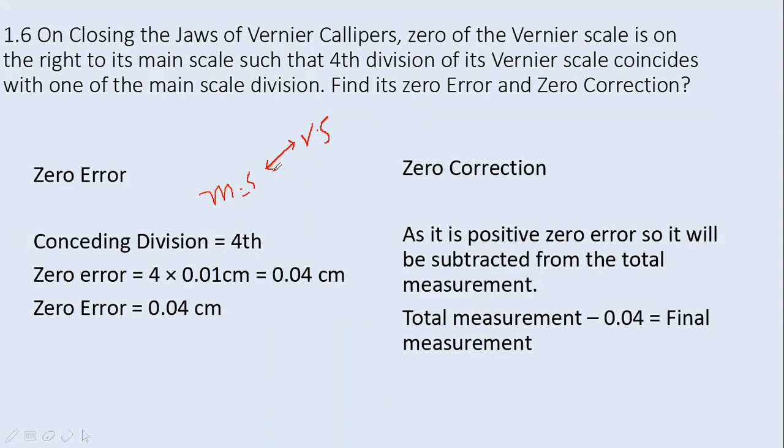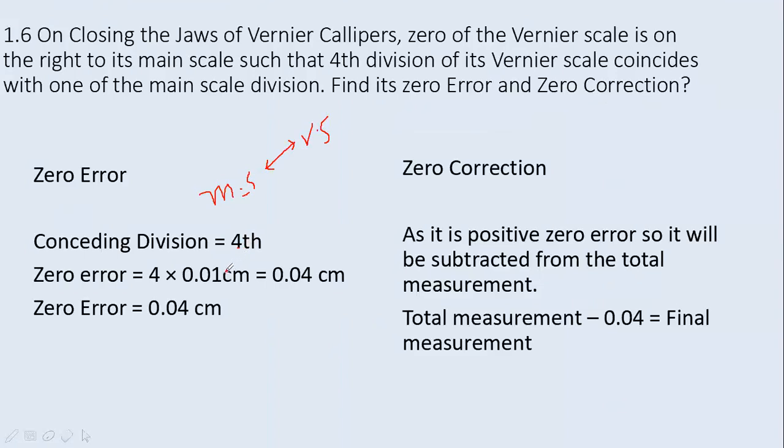But here the fourth division of the vernier scale coincides, and the zero of the vernier scale is to the right of the zero of the main scale. So this 4 division will be multiplied with the least count.